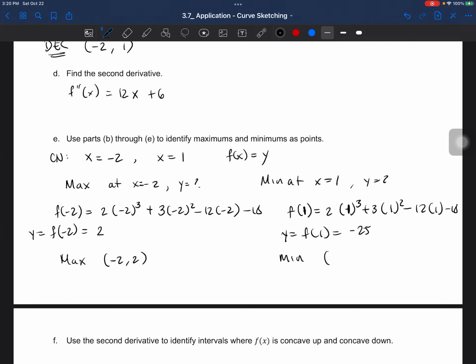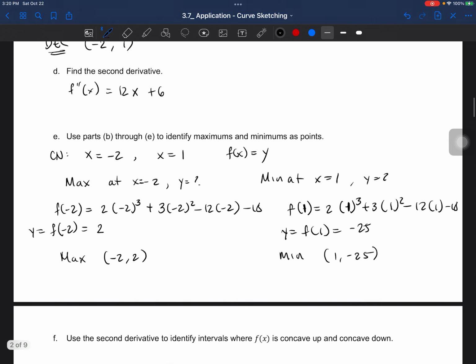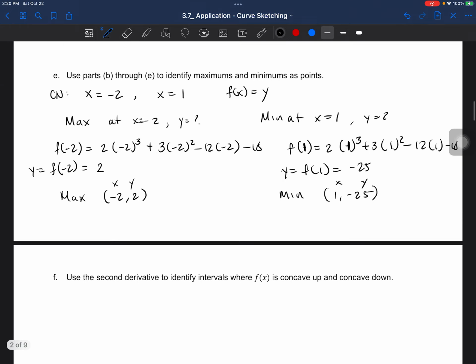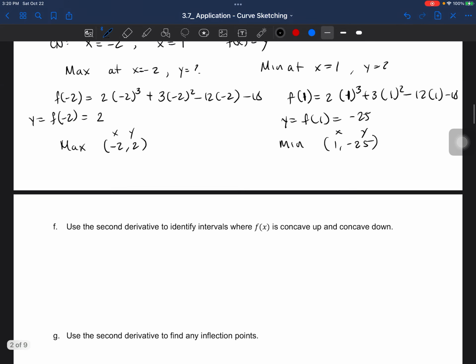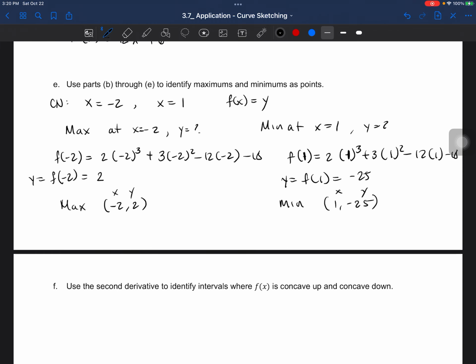Alright, yeah, it's -25. So we got our number. So the minimum point is 1, comma -25. Alright, so x and y, x and y.